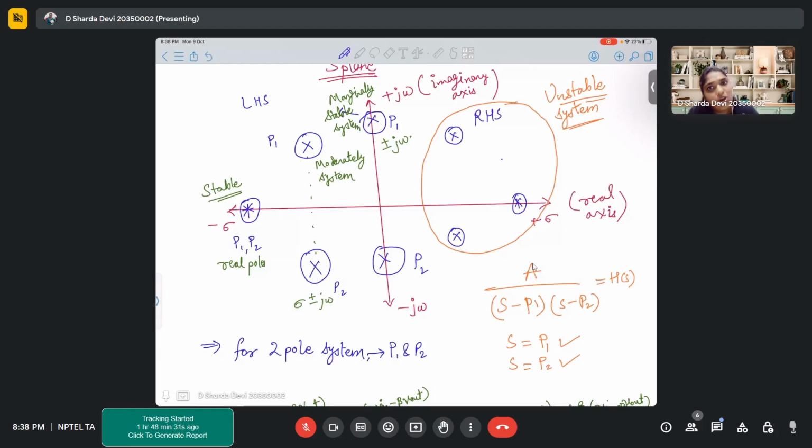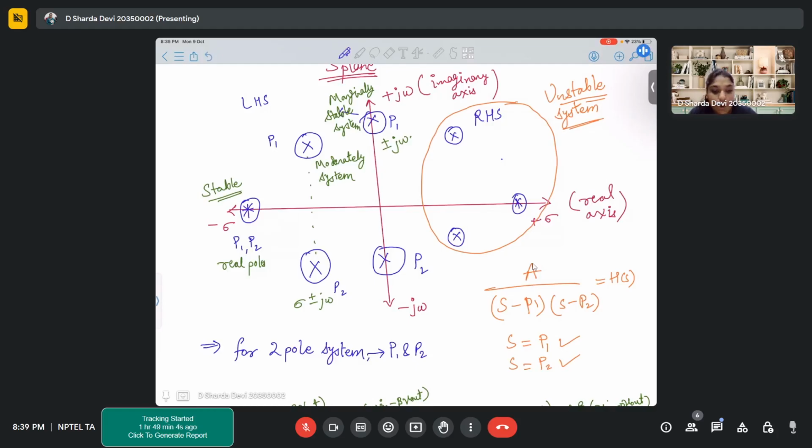Complex conjugates. So if P1 is in the second quadrant, P2 will definitely be in the third quadrant because of this complex conjugate system. So if you have anything in the second quadrant, it will always have a mirror image in your third quadrant also.